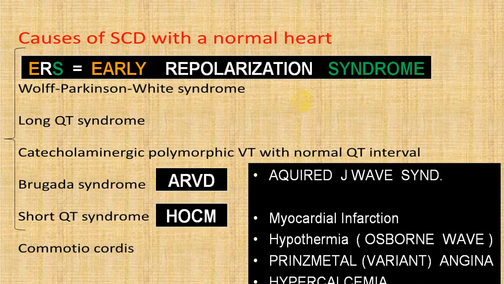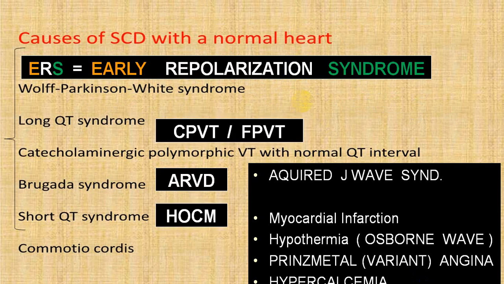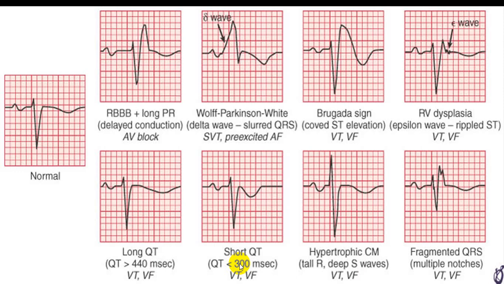ARVD; they are all congenital groups. Hypertrophic obstructive cardiomyopathy, then familial polymorphic ventricular tachycardia, catecholaminergic polymorphic ventricular tachycardia. They are all genetic groups. They are also in acquired groups.